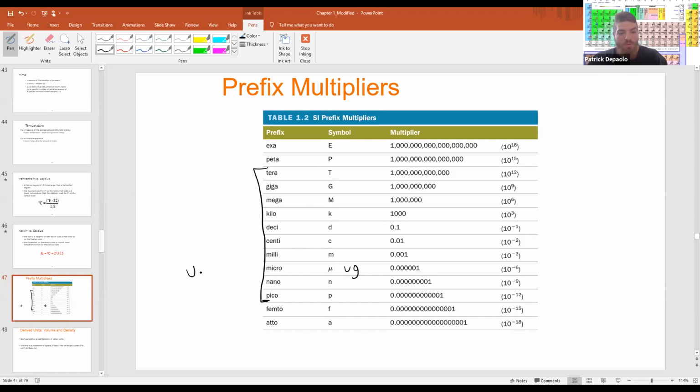So they just write UM for micromolar, or UG for microgram, stuff like that. So that's one of the units. And usually for computer space, we talk about mega, giga, and tera.